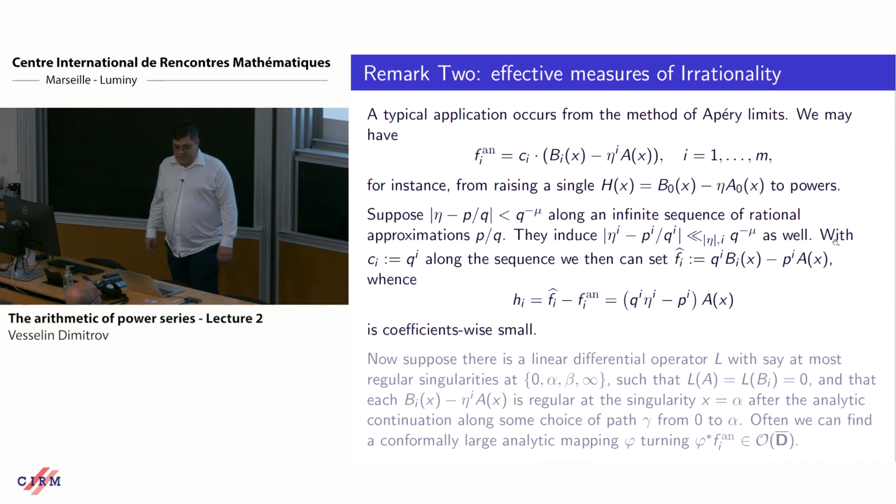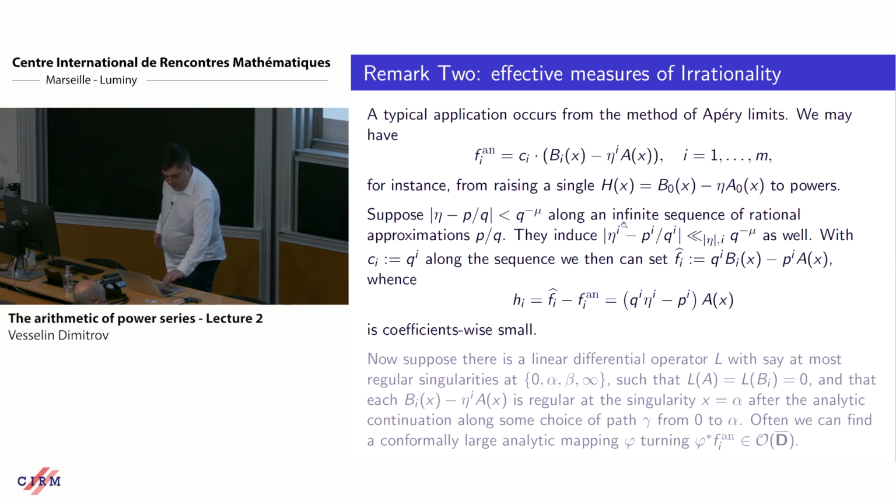So here's the application. Essentially, now we follow actually a proof of the holonomy bound with irrationality term included that Yunqing stated. So if we have a sequence of rational approximations to the Apéry limit, we can take this situation.